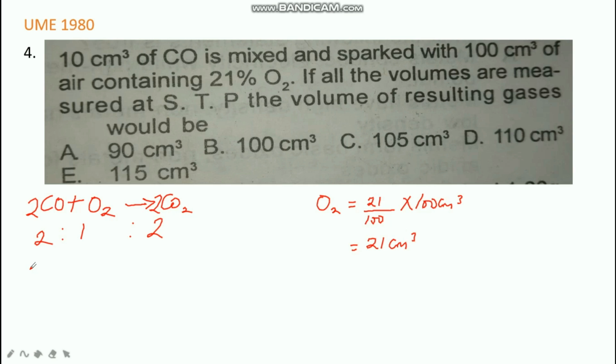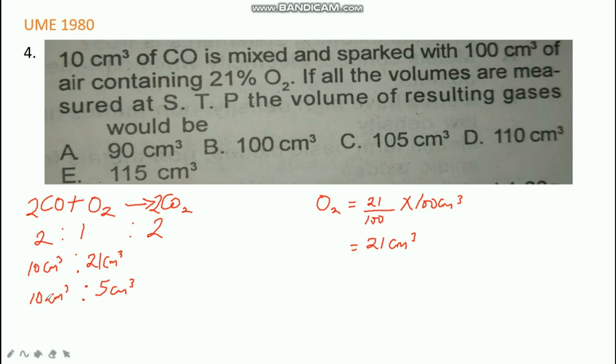So we know that this is what is actually happening: 10 is reacting with 21 cubic centimeter to give us what? Now, if you think about it, this is twice of this. So that implies that 10 of this requires 5 cubic centimeter of this.